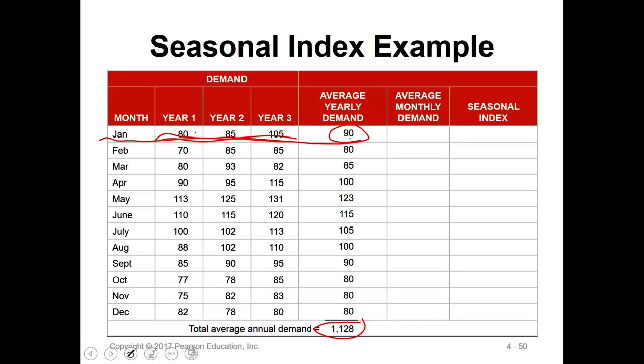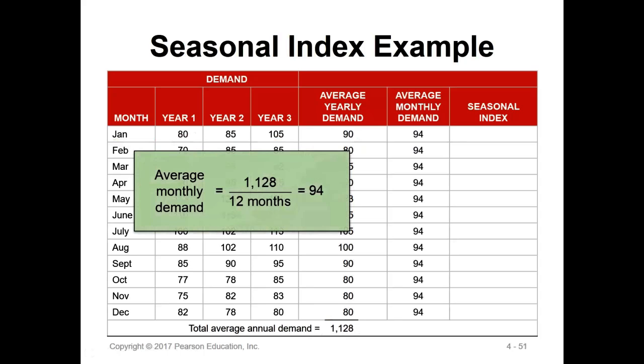The total annual demand is everything added together from January to the last month, December. And then what is the average demand? If you use the total 1128 divided by 12, this is the average monthly demand historically.